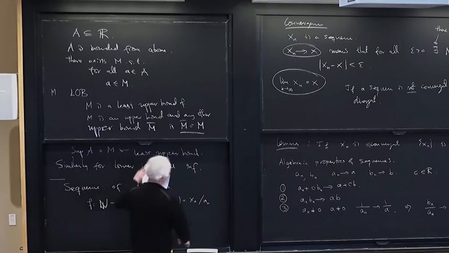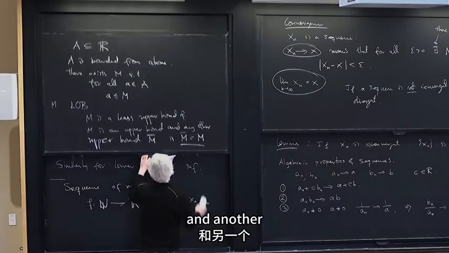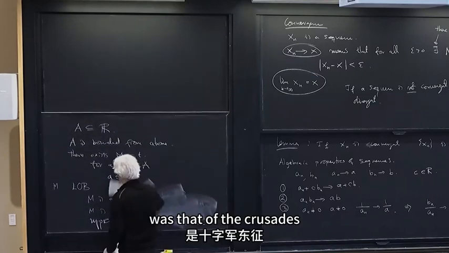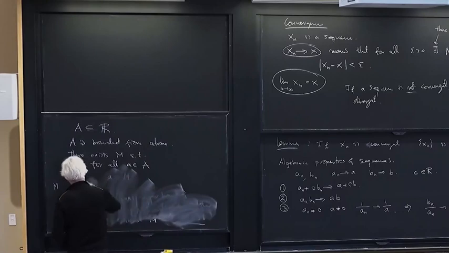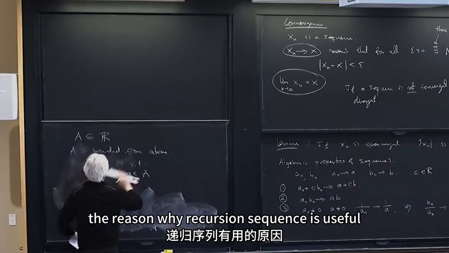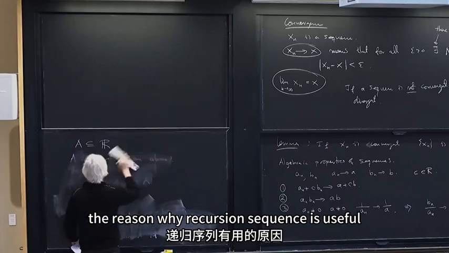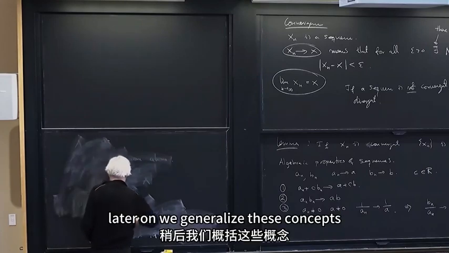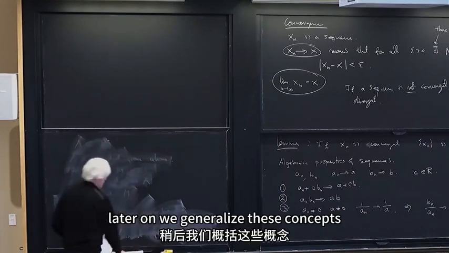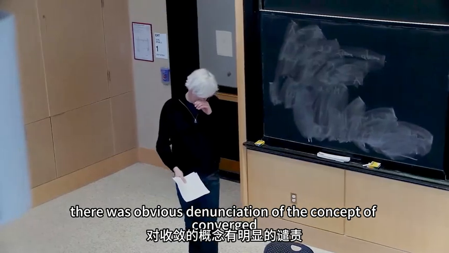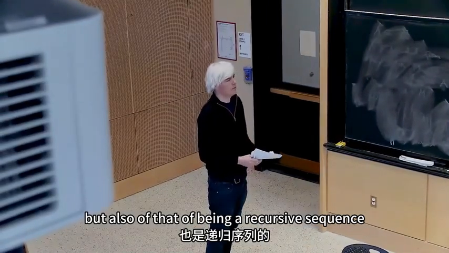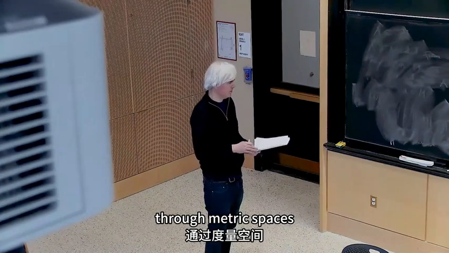Then another important concept was that of the Cauchy sequence. And the reason why the Cauchy sequence is useful, even for the real numbers, right? I mean, later on we generalized these concepts. There was an obvious generalization of the concept of convergence, but also of being a Cauchy sequence, to metric spaces.